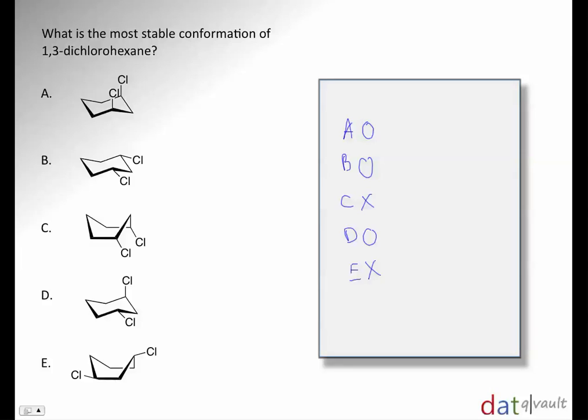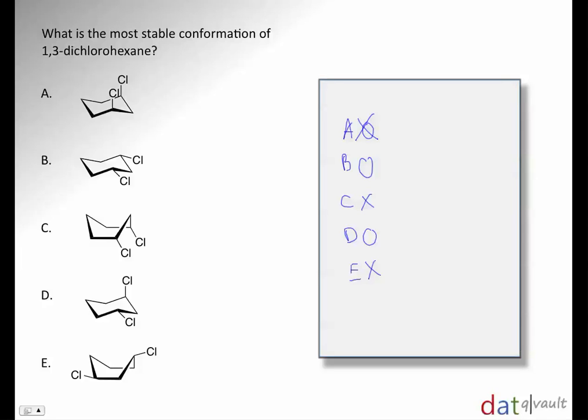So we're going to look for the conformation that has the lowest energy state between these 3 chairs, and if you remember, anything in the axial position is going to be a higher energy state than anything in an equatorial position. Here we have a diaxial interaction between these 2 chlorines. That creates a lot of energy strain in the molecule, so we're going to cross that one out.